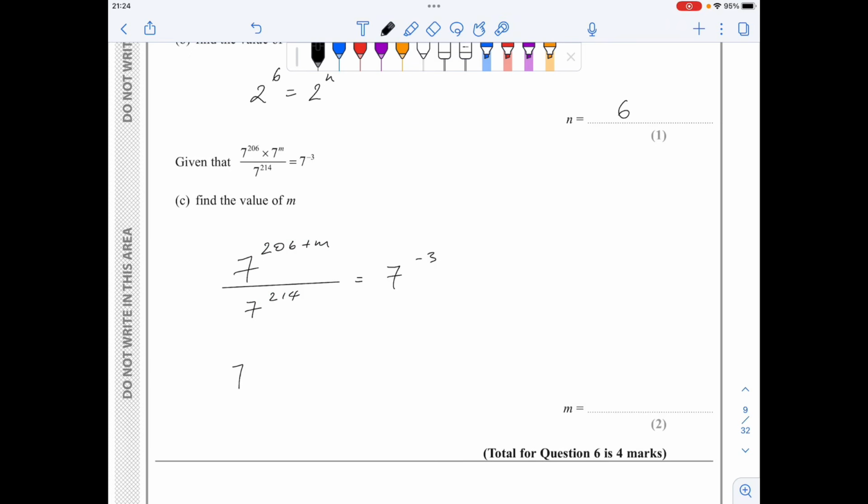This will give me 7 to the minus 8 plus m equals 7 to the minus 3. Hence, if I equate the two powers, I will get minus 8 plus m equals minus 3. Hence, m is equal to 5.